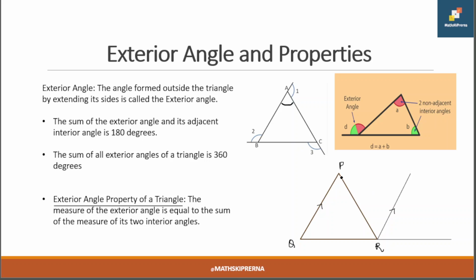Now, this angle and this angle, these are alternate interior angles, and since these are parallel lines, these will be equal. So let's take this as angle A. This will be also angle A.